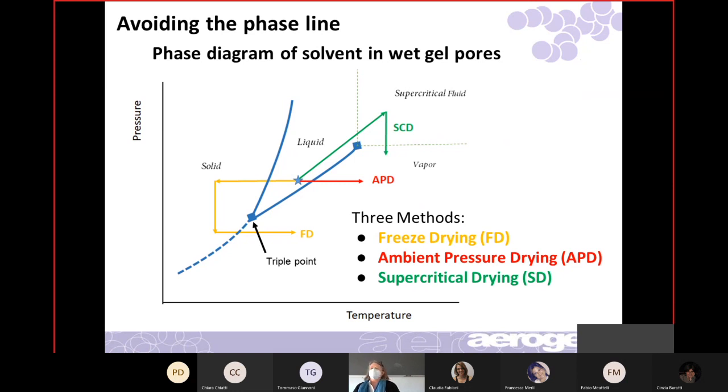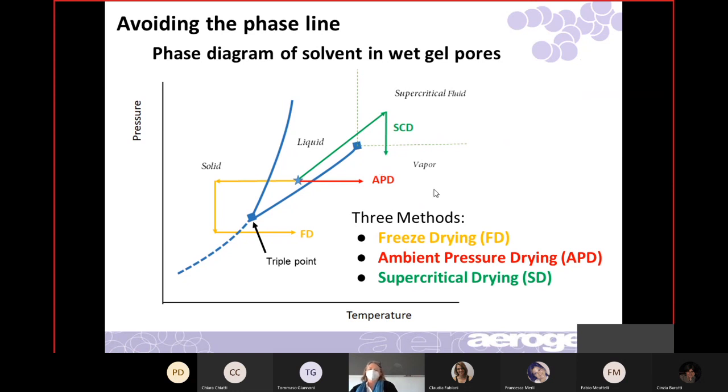So something in there, but it's in liquid form. And I need to get that liquid out of there. And without crossing this line, which is the line between the liquid phase and the vapor phase. And I don't want to cross that line because that's when I'm drying it and it collapses. Now, I do have something there that crosses the line. It's a special technique. I'll show you that.